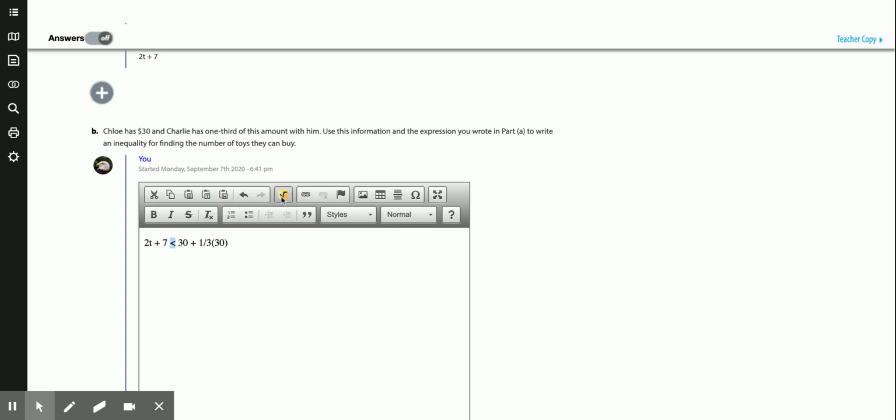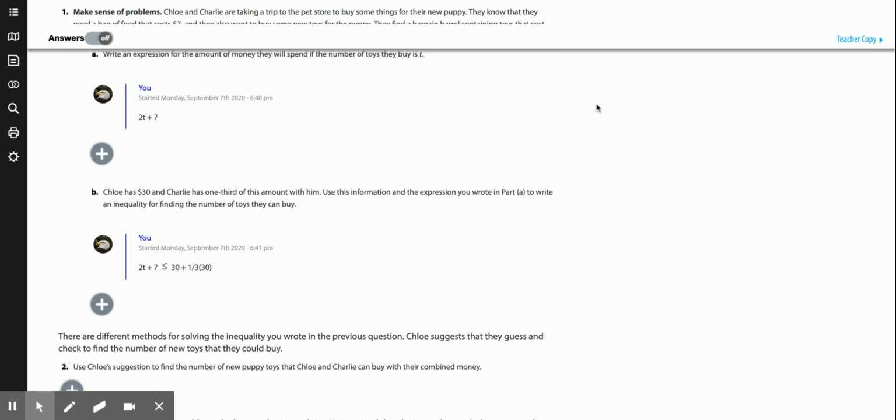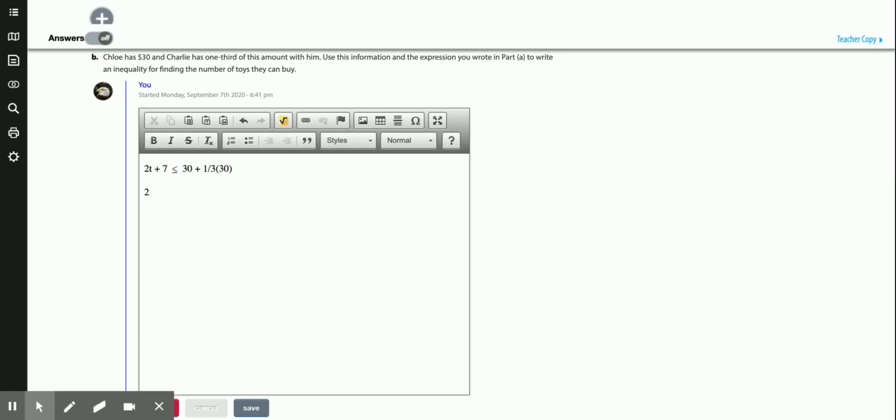So 2T plus 7, that's our expression, is going to be less than, we might change this to less than or equal. We'll use this little tool here. Less than or equal to 30 plus 1/3 of 30. And we can simplify that to 2T plus 7 is less than or equal to, we had said that 1/3 of 30 was $10, and 30 and 10 is 40.